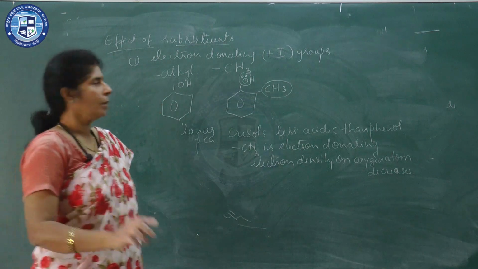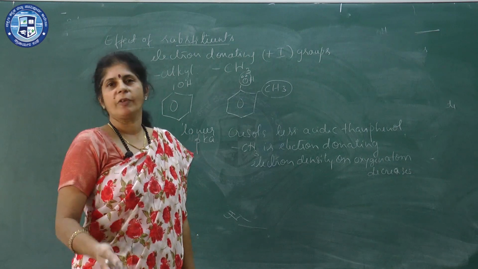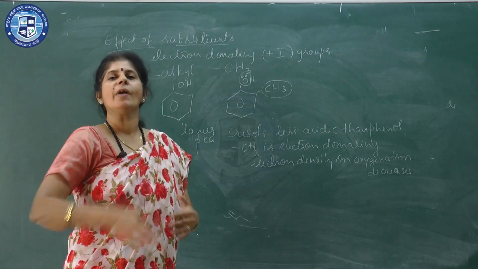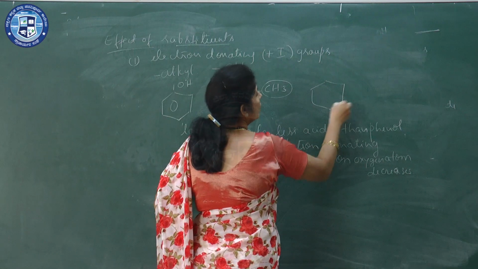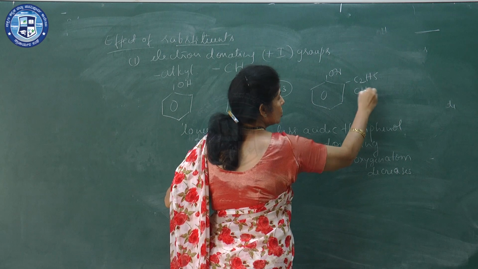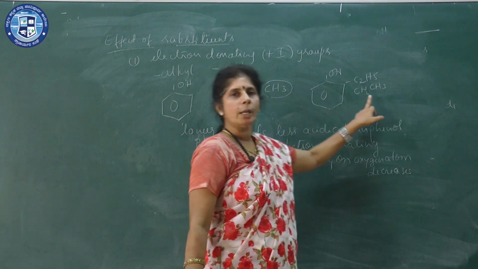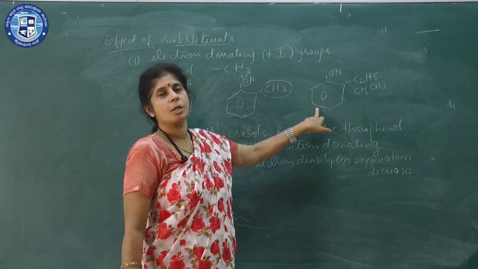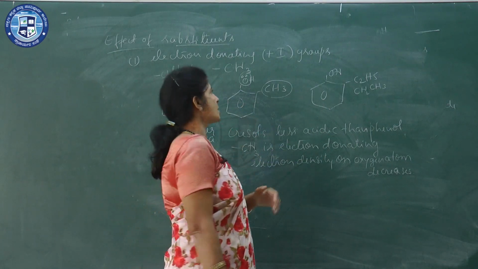If you take more and more CH3 groups, then the effect is more and more, the acidic character goes on decreasing, and the pKa value goes on increasing. Or you can take the example where instead of methyl there is an ethyl group, which contains two carbon atoms, CH2CH3. The electron donating effect is still more compared to CH3, therefore its acidic character is less than even cresols. Okay, now let us come to the next one.